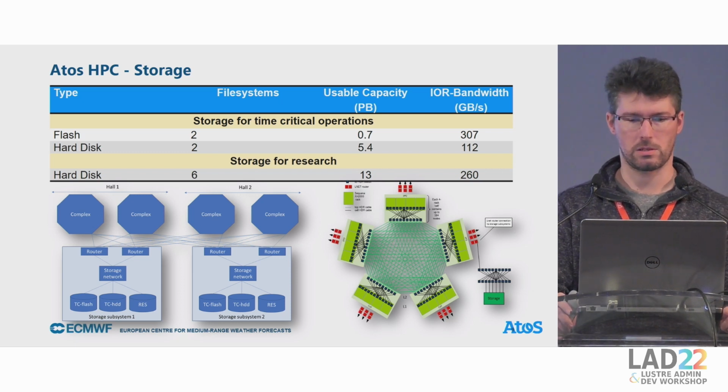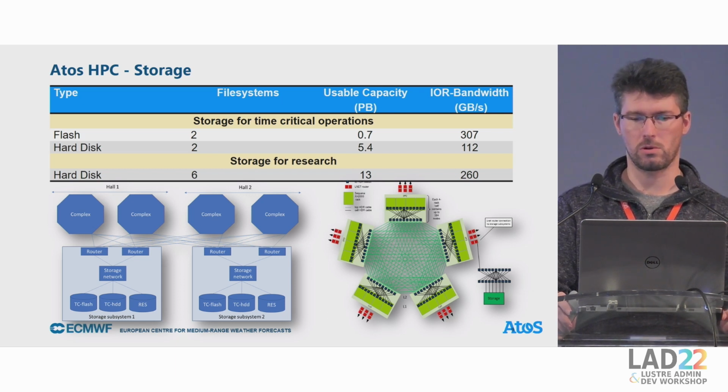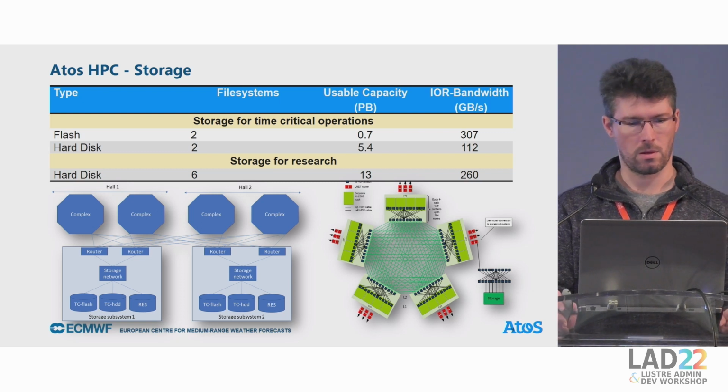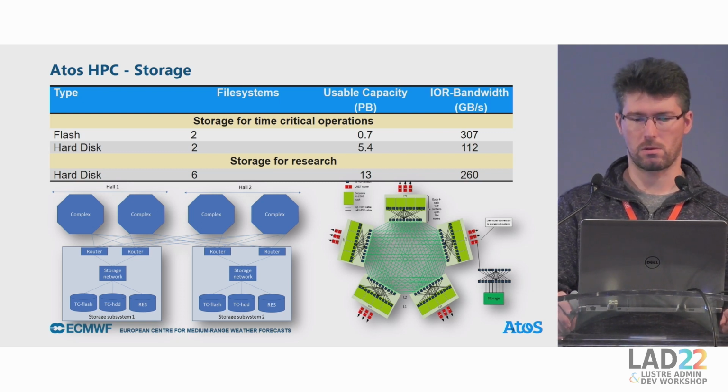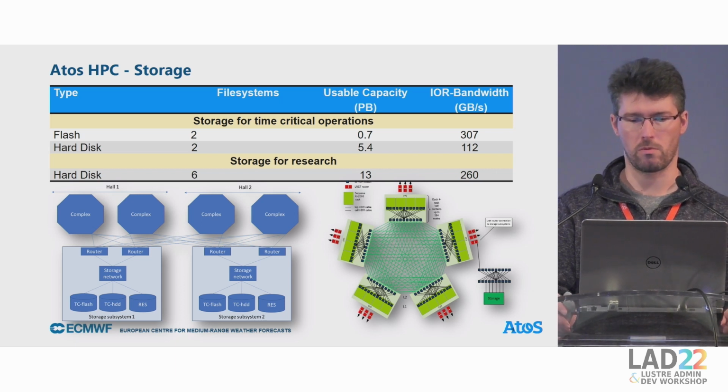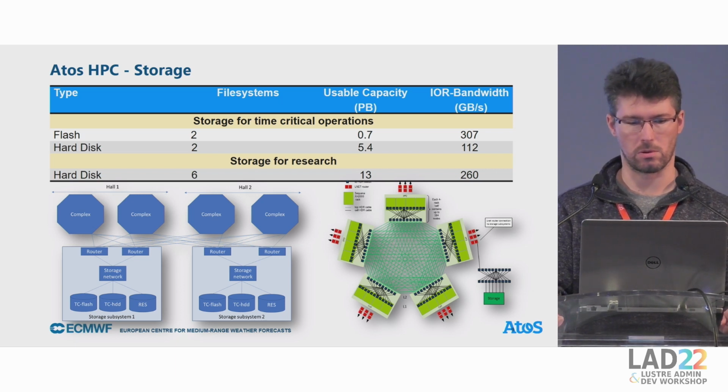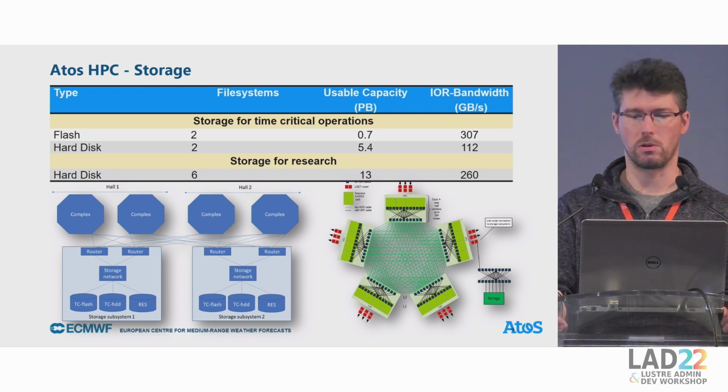The flash-based file systems are 700 terabytes and able to sustain about 300 gigabytes per second. The HDD-based ones are 5 petabytes and able to sustain more than 100 gigabytes per second. Then come the file systems for research, which are 13 petabytes and able to sustain 260 gigabytes per second.